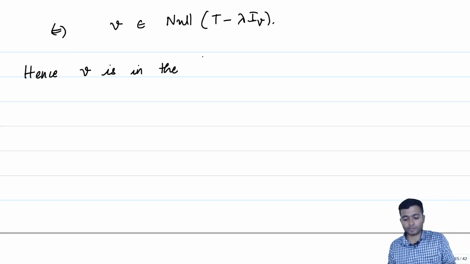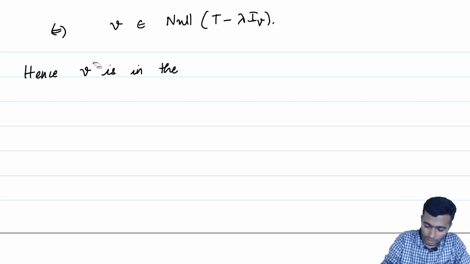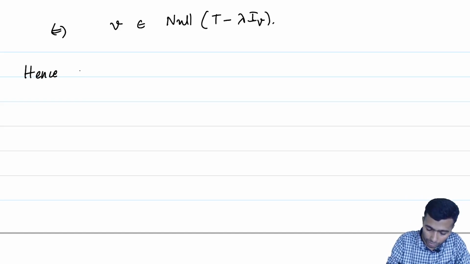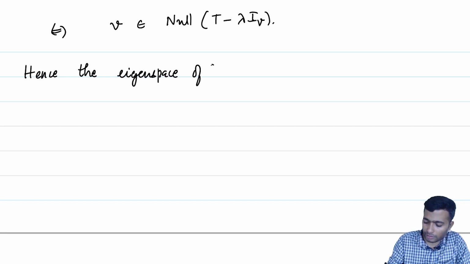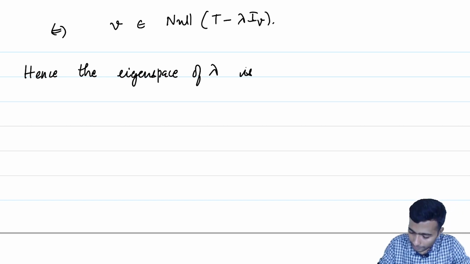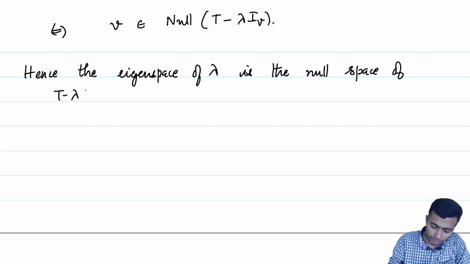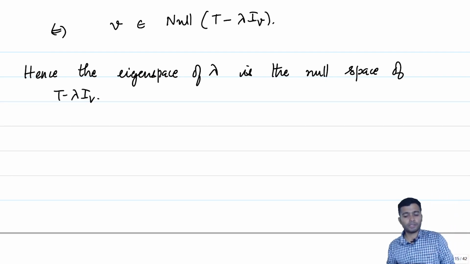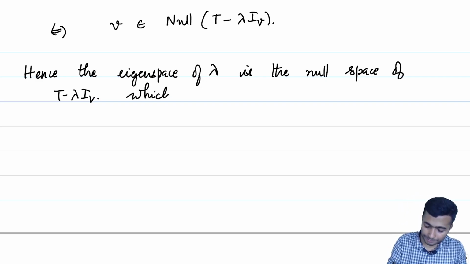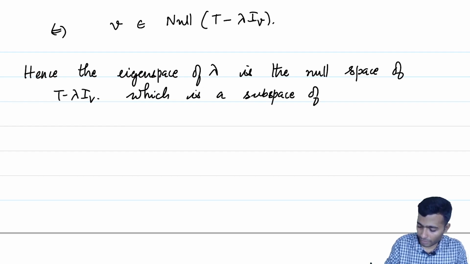Rather, the eigenspace of lambda is just the null space of T minus lambda I_V. In particular, the eigenspace of lambda is a subspace of V.